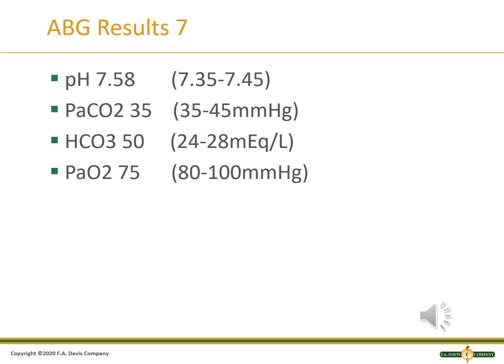So this one would be alkalotic as well, right? Alkalosis next to it. And then our PaO2 is 75, so it's not quite where it needs to be. The two that match are the pH and the bicarb. So this is a metabolic alkalosis, and then this one is uncompensated.